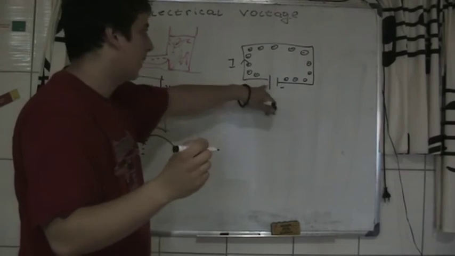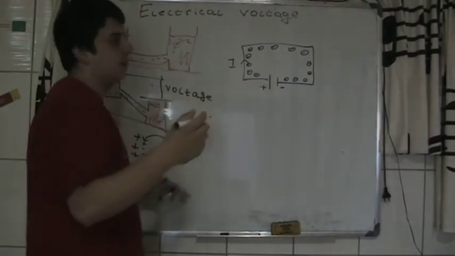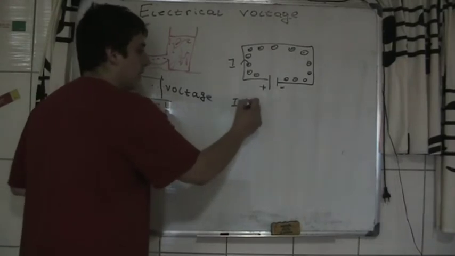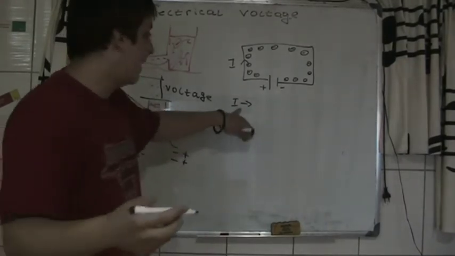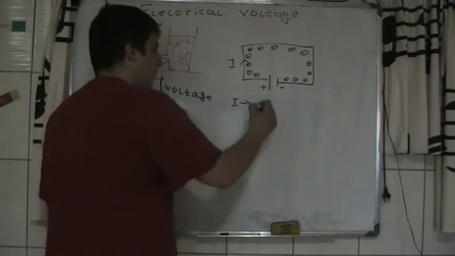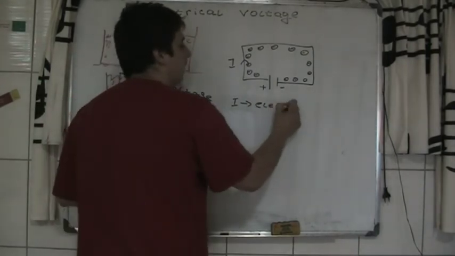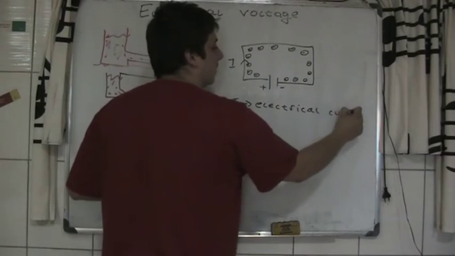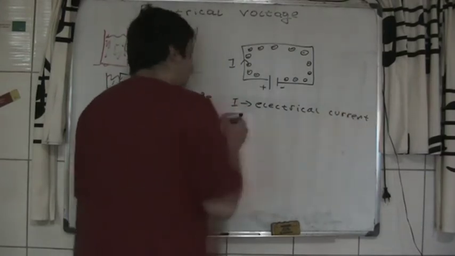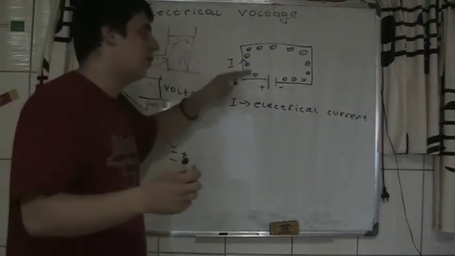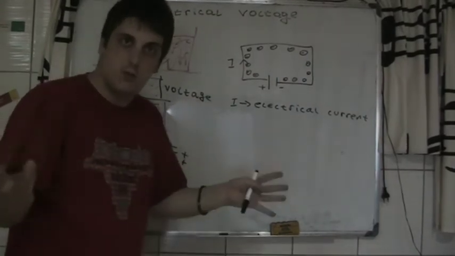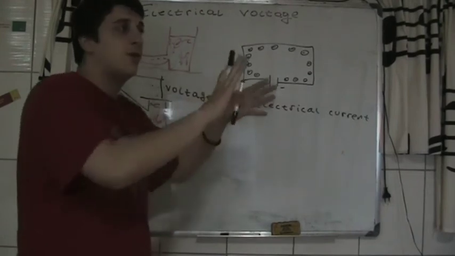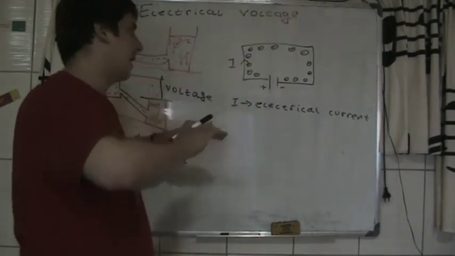Electrical current is marked as capital letter I, and it goes from plus to the minus. But the electrical voltage, because of this, goes from the minus to the plus side.